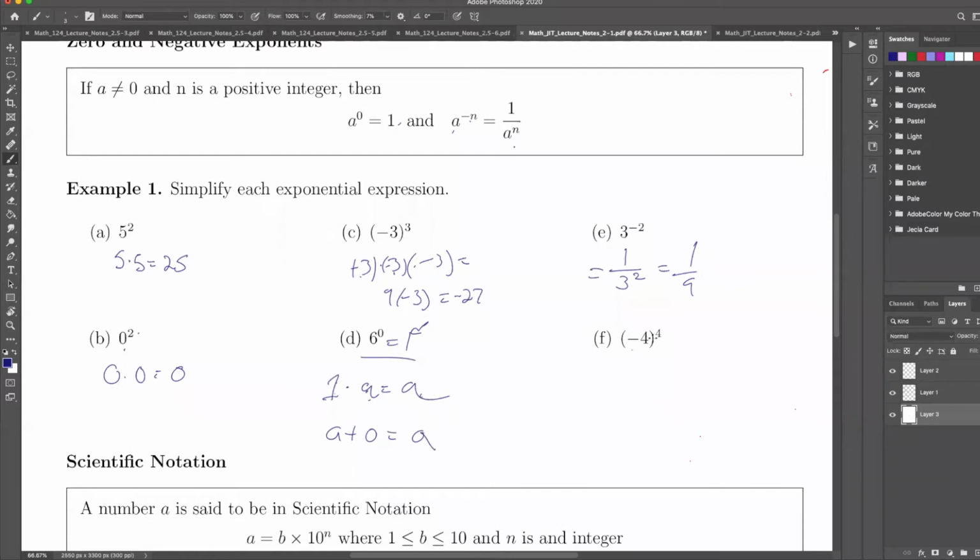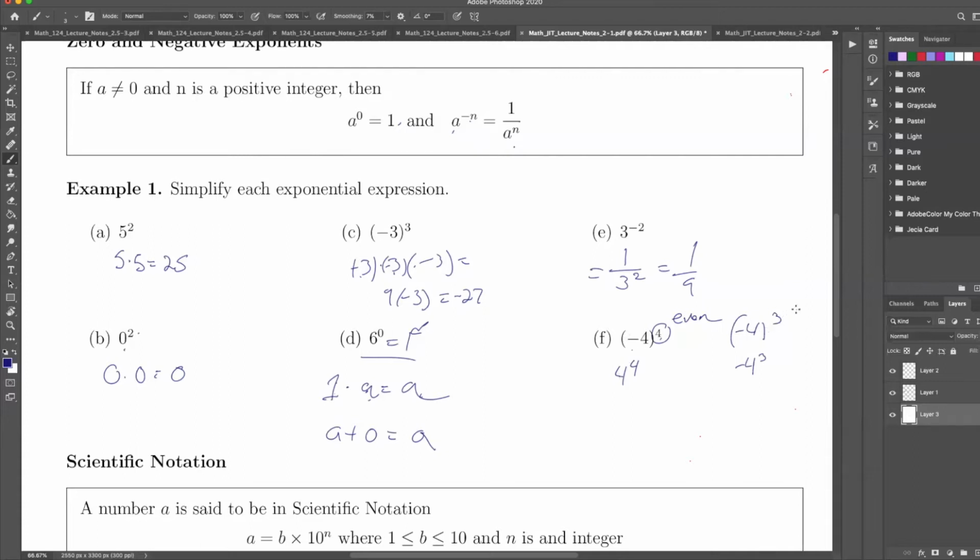So negative 4 to the 4th. Another thing you can do is notice that if the power is even, this will be the same as 4 to the 4th, because I'll have 4 negative signs. If it's odd, say I had negative 4 to the 3rd, this will be negative 4 to the 3rd. If your power is even, when you multiply by a negative, you're going to get a positive back.